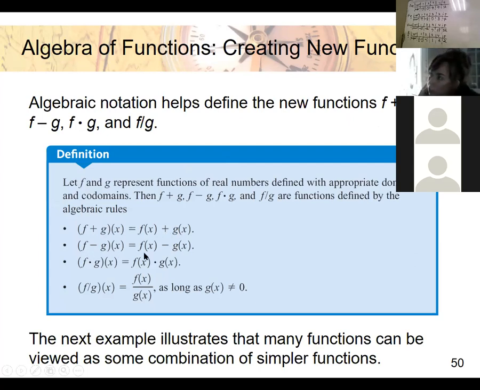Then f minus g of x, that's simply subtracting f of x minus g of x. Then f times g of x, that's f of x times g of x, multiplying the 2. And then f divided by g of x. We can write that as f of x over g of x. The condition there is that g of x cannot be equal to 0. Okay? Because dividing by 0 is undefined.